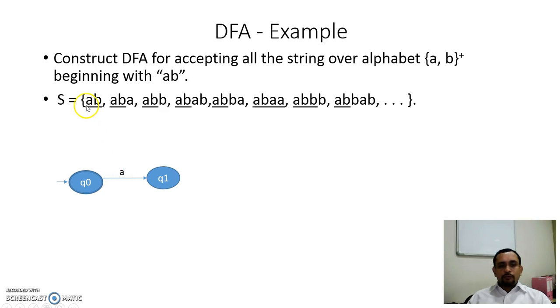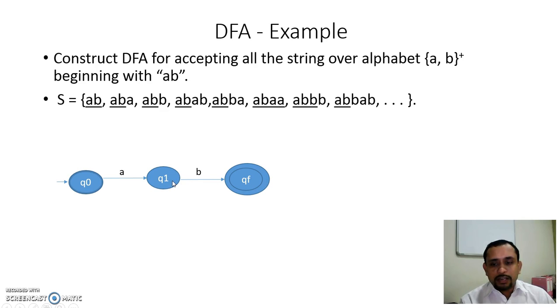So on the input of A from Q0, we are moving to an intermediate state, say Q1, from where on the input of B we are reaching the final state. Here QF is shown as a final state. So on the input of A from Q0, the machine will move to Q1. On the input of B from Q1, the machine will move to QF.